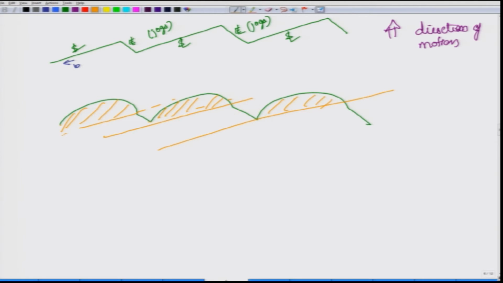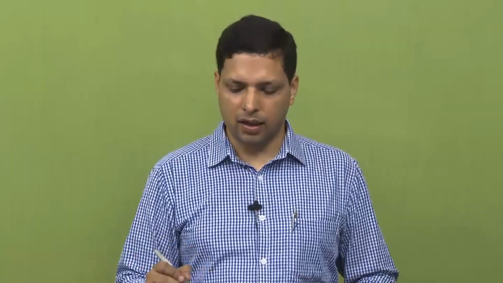So, you can see a larger stress would be required to form a curvature over here, and this is the origin of the increase in the strength of the material because of the presence of these sessile dislocations.